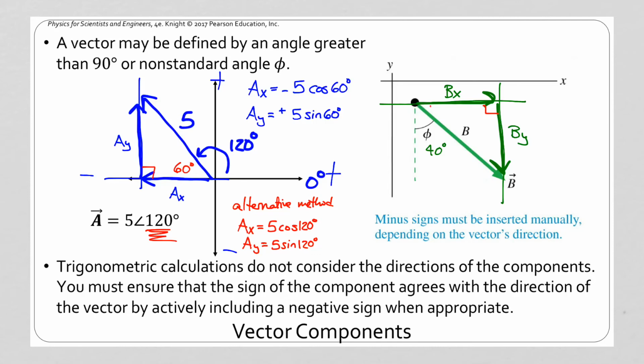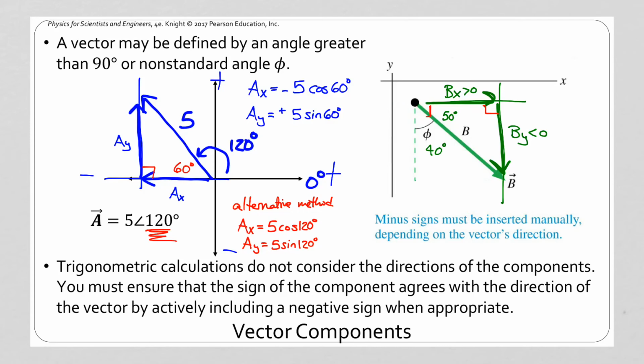But what we do know is that this would be a right angle as well. Regardless of what angle is used to define a vector, it's almost always measured relative to vertical or horizontal, one direction or another. And here you can say, well, this whole angle is 90 degrees, this angle is 40, and so this angle would have to be 50 degrees. And then again, you could find your x and y components. Notice here, x is to the right, so that would be positive. Y is downward, so that would be negative. You could find those values as well.